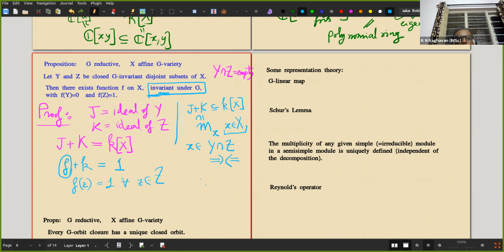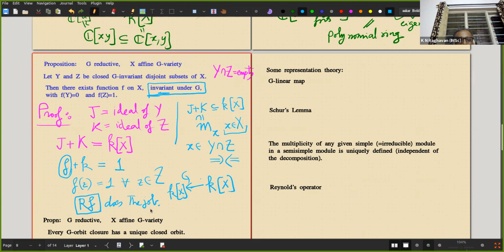So the Reynolds operator, remember, goes from Kx to Kxg. Okay, and so what I do is I take the Reynolds operator on F, and this does the job. Now there is a little bit of checking here to see that it does the job.